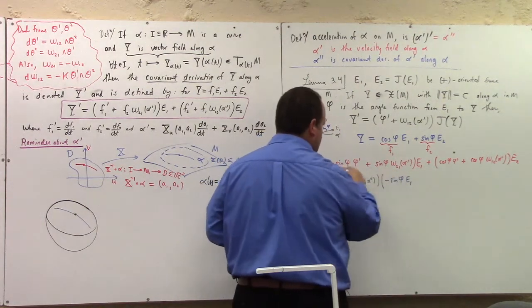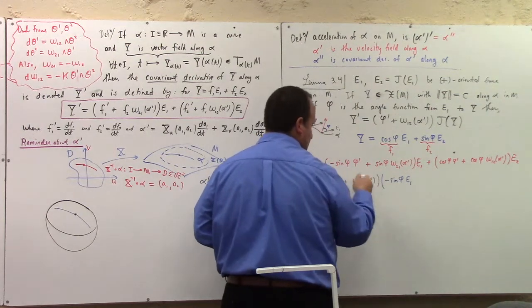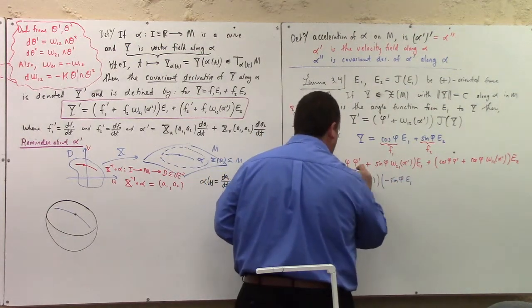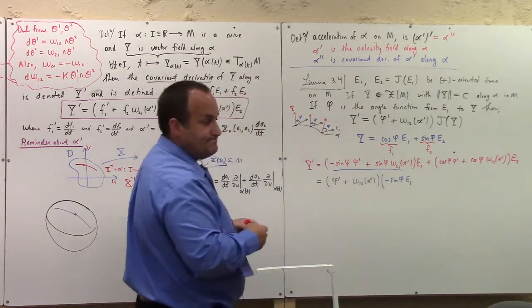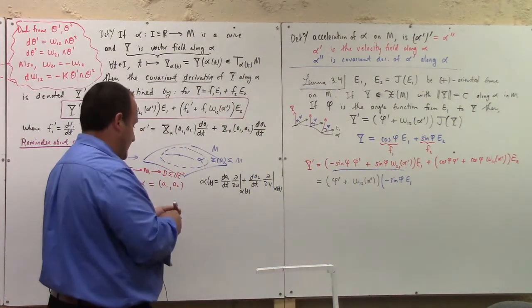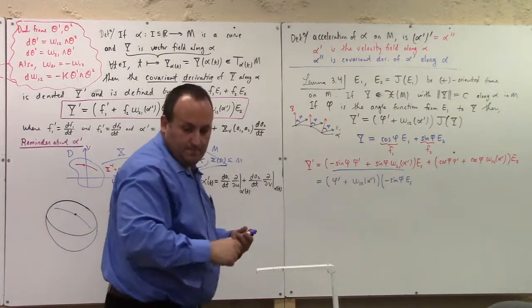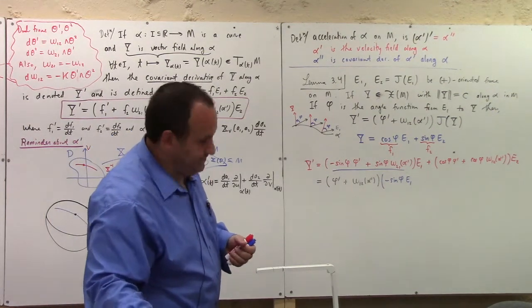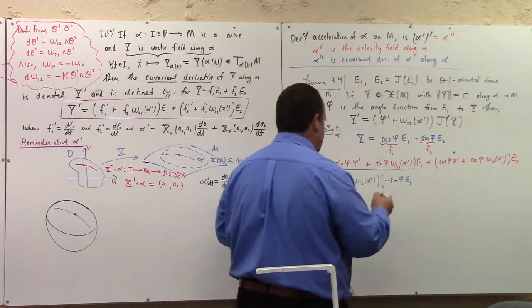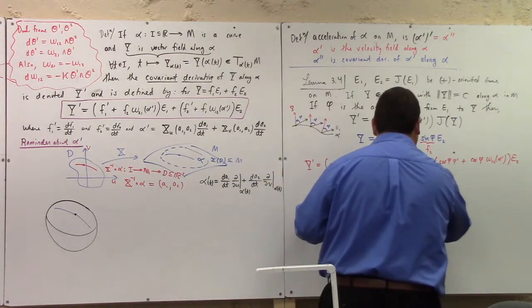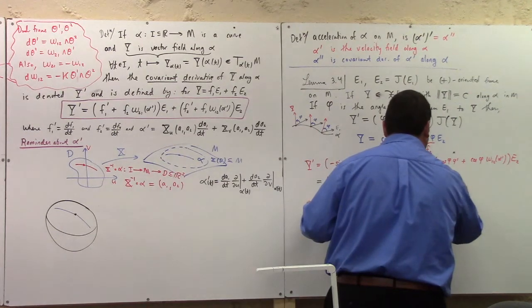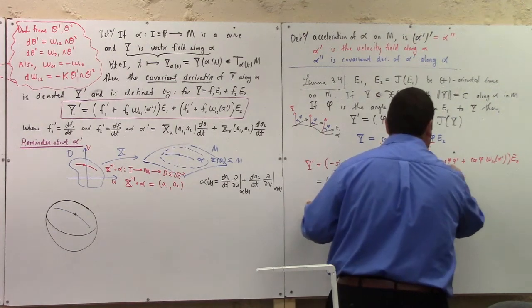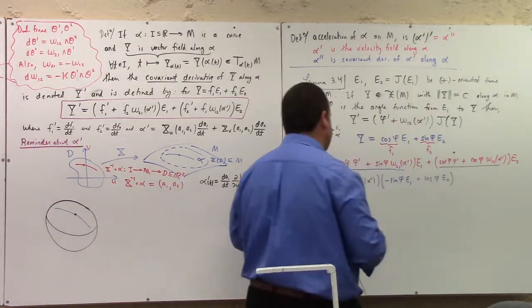So these first two terms give me that. And then plus cosine phi E2, that's from this term over here.